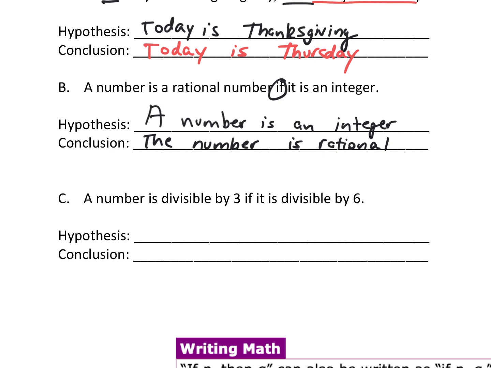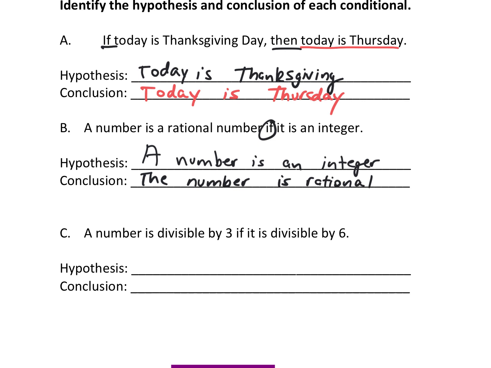Right, so that word if, it can come at the beginning of the sentence like it did in example A, but it's not guaranteed. It's not always going to happen in the same order, so we just have to make sense of what's going on. Use those indicator words if and then when they're available.